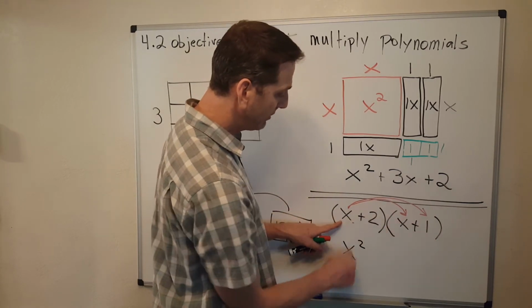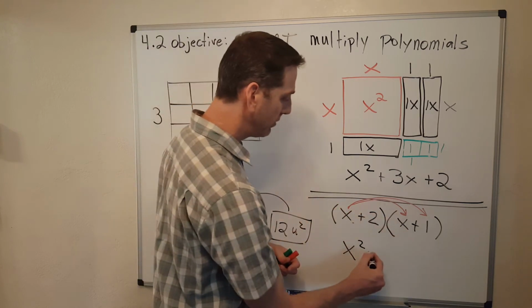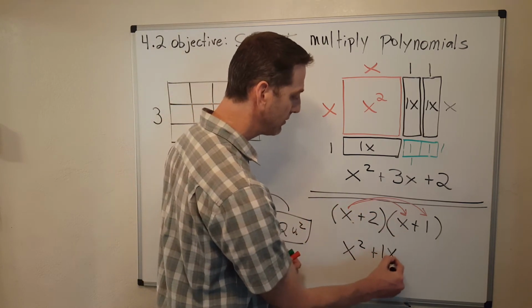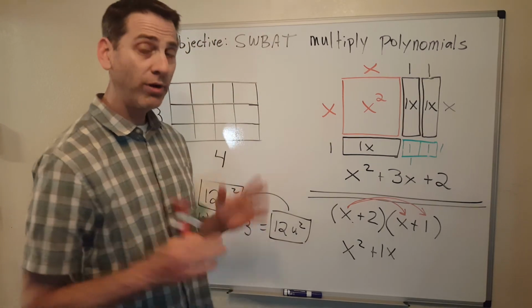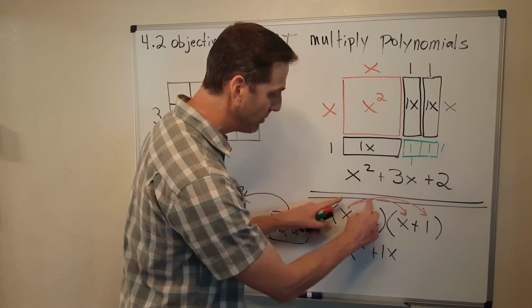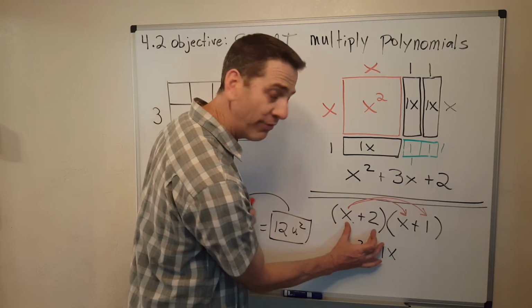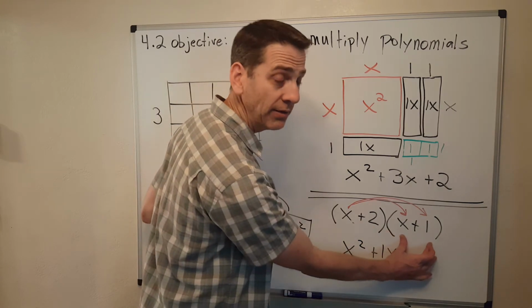So x times x is x squared. x times 1 is 1x. All right? Okay, but we're not finished, right? Because I have parentheses here, which means that both of these needs to be multiplied by both of these.